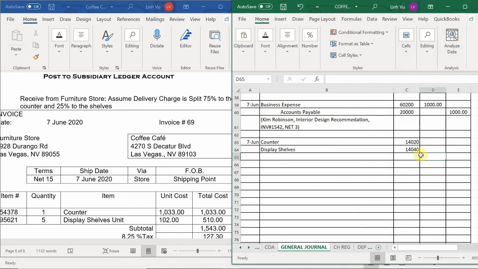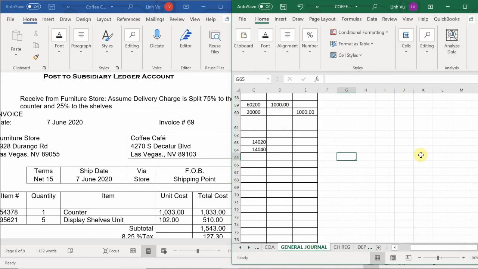Now in this case, what you could do on your journal is do your calculations on the side to determine how much tax to distribute to each item. We know that the counter cost me a total of $1,033, while my display shelves in grand total was $510.10.